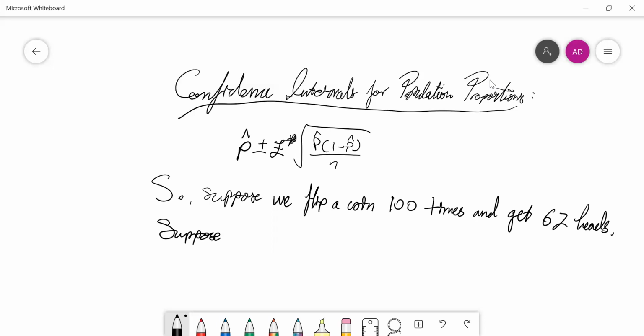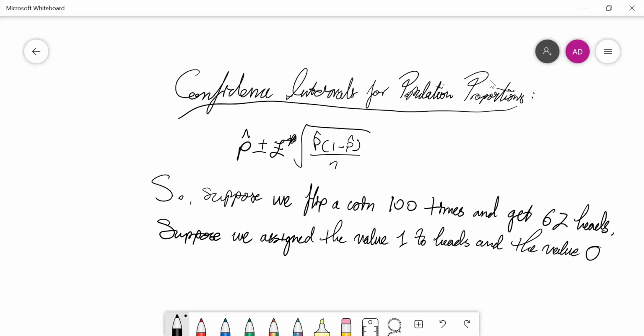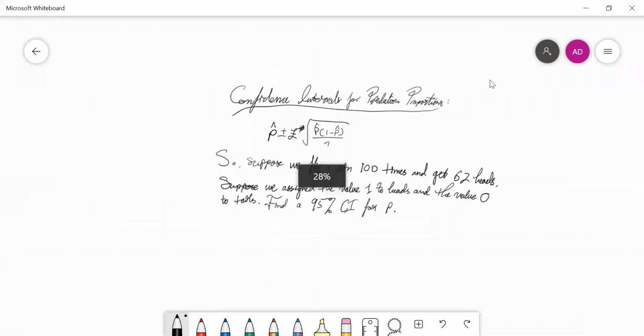Suppose we assigned the value 1 to heads and the value 0 to tails. Find a 95% CI for p. So this is actually going to be fairly straightforward.